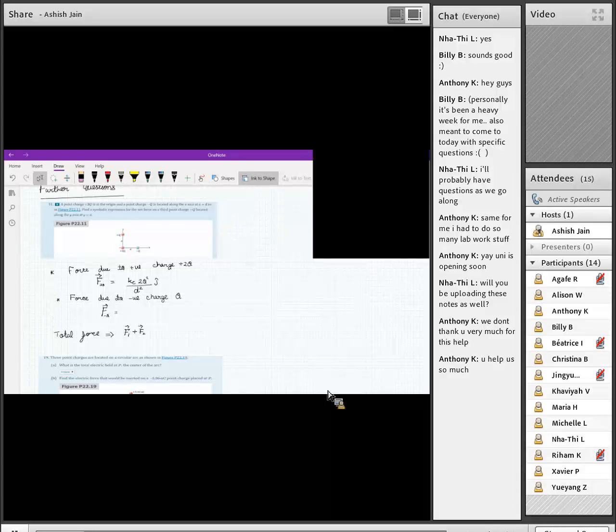So a point charge plus 2q is at the origin, and there's another point charge minus q that is located at distance x, as you can see on your screens. Find a symbolic expression for the net force on the third point charge q. This is the point charge.